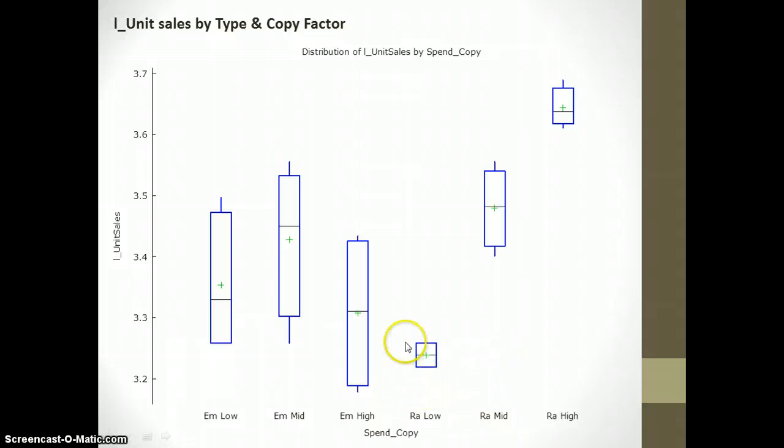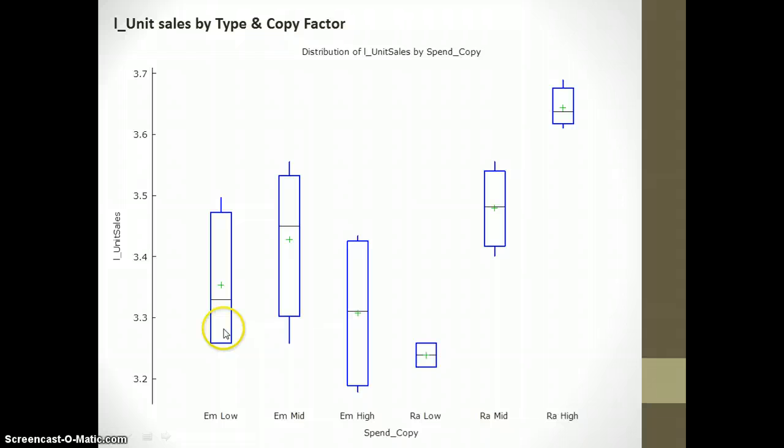Notice these two relationships are very, very different from one another. So we know just by looking at this data that, yes, emotional versus rational gives us very different results from one another.